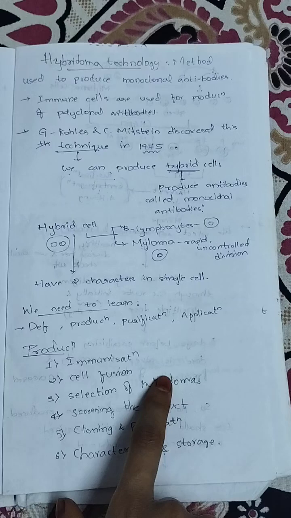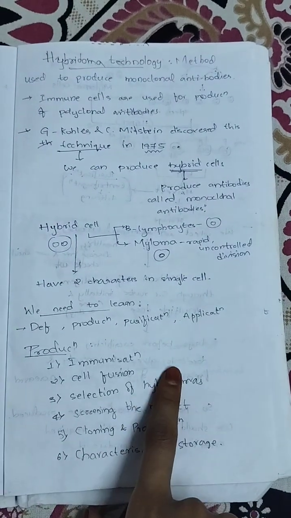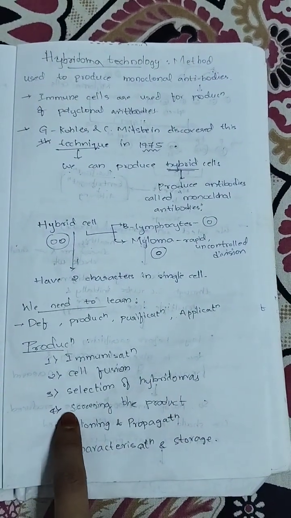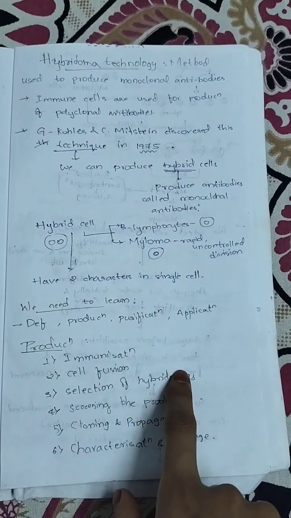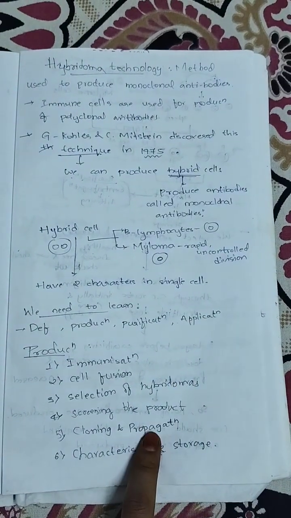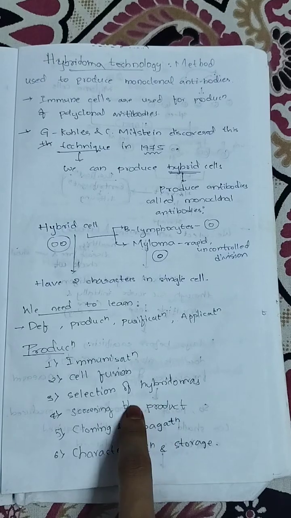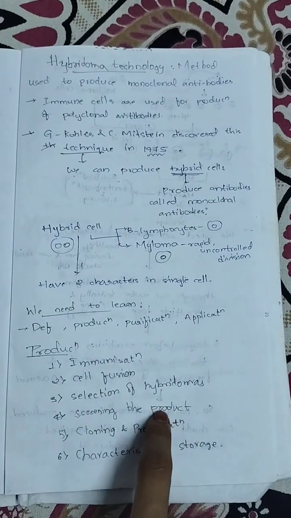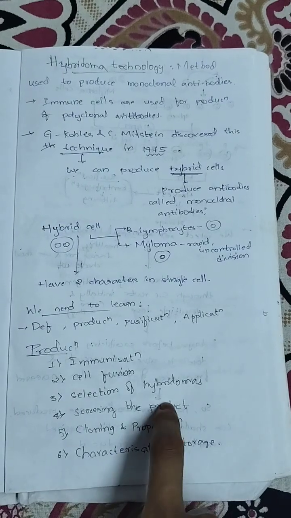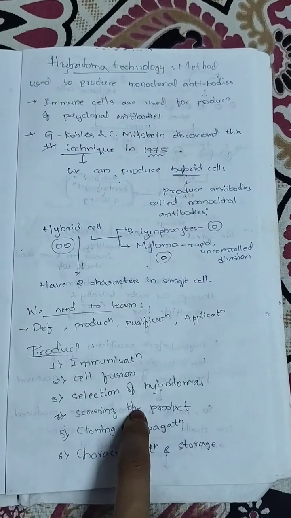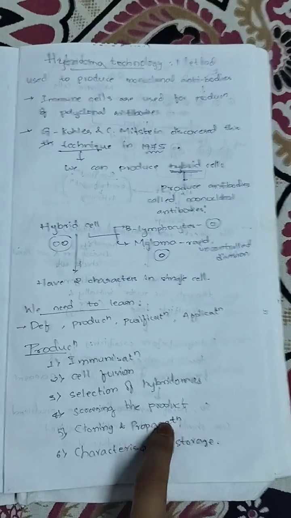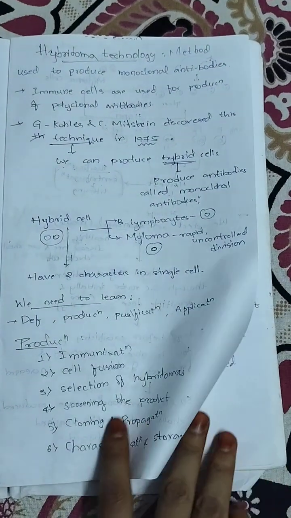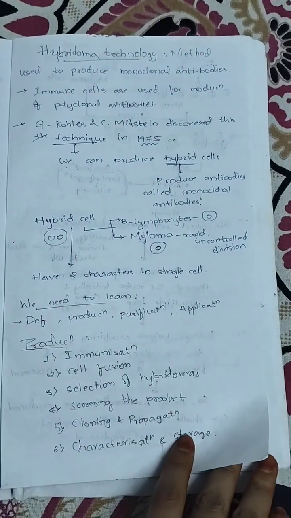In that, hybridoma cells are selected, and then from the hybridoma cells, monoclonal antibodies are collected. These are again cloned and propagated. Then for the characterization, storage is done.